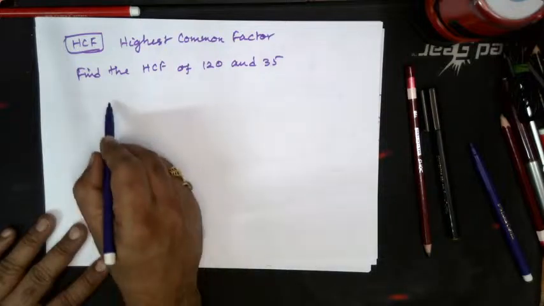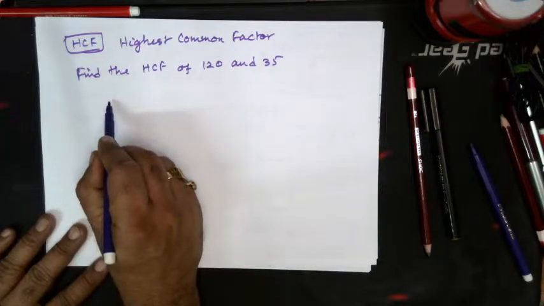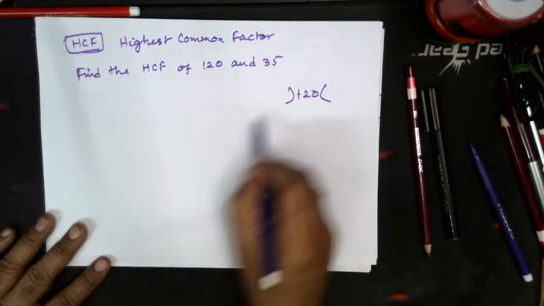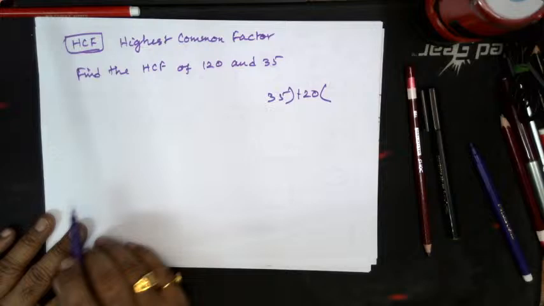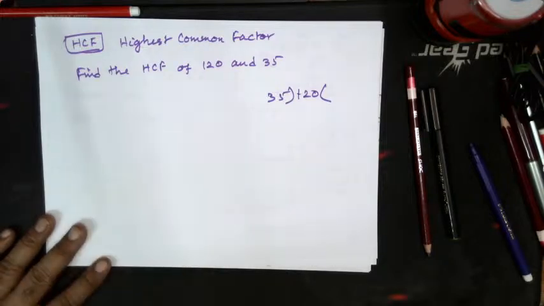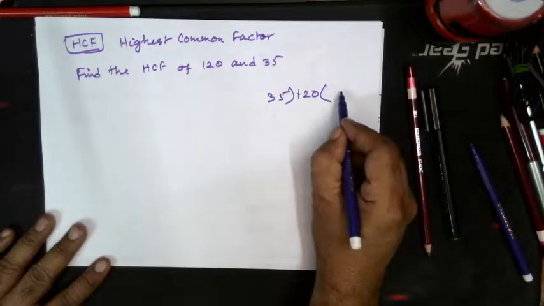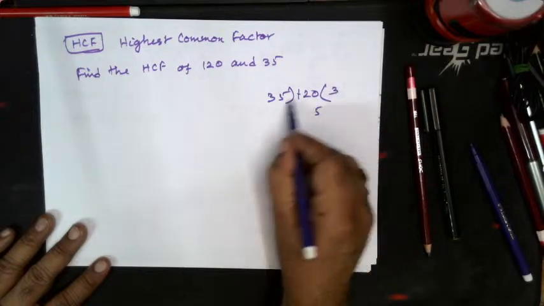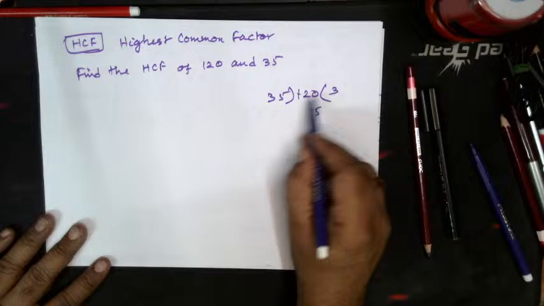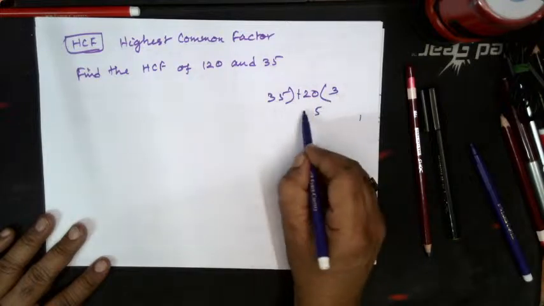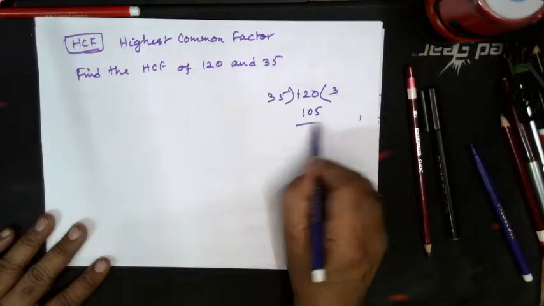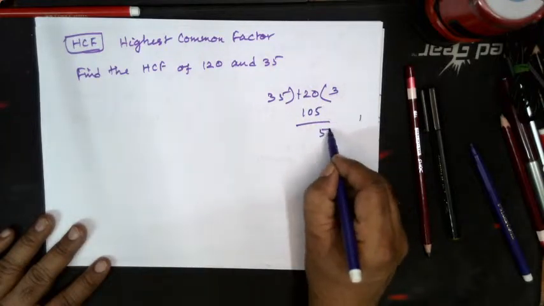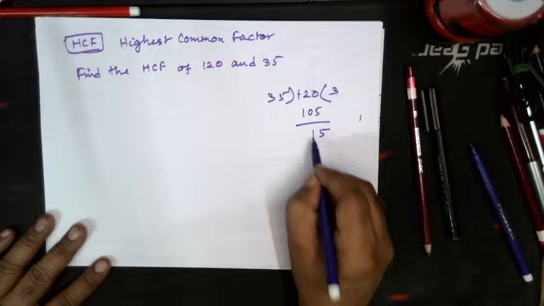Now we have 120. You have to divide this by 35, right? How many times? 3 fives are 15, balance 1, 3 threes are 9, plus 1, 10. Okay, now 5 and this is 15.